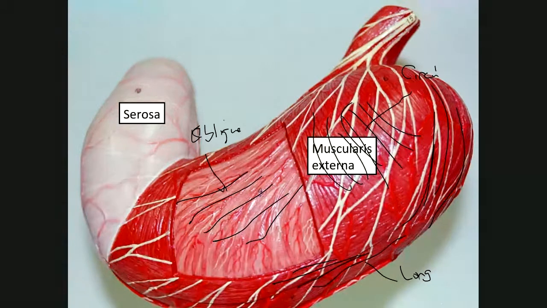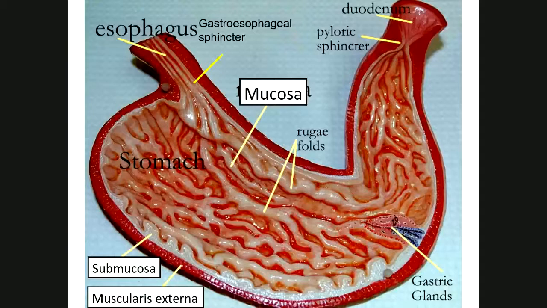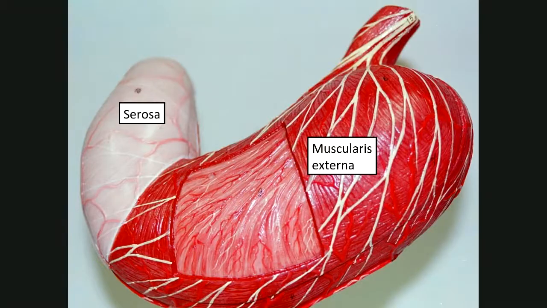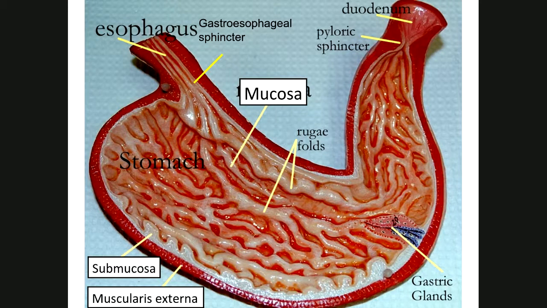If we open it up, we should be able to see those other layers. We can't see the serosa anymore, but this red is still this red. That's the muscularis externa. And then the white right here on the inside, which is that dense irregular connective tissue, that's the submucosa. So all of that white layer is the submucosa. And then this is the mucosa.